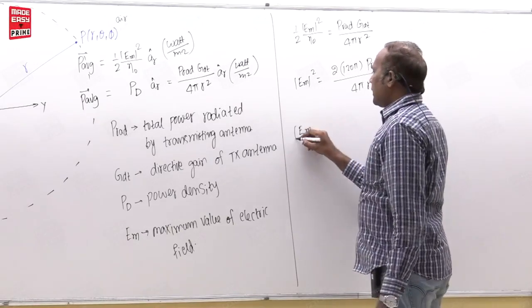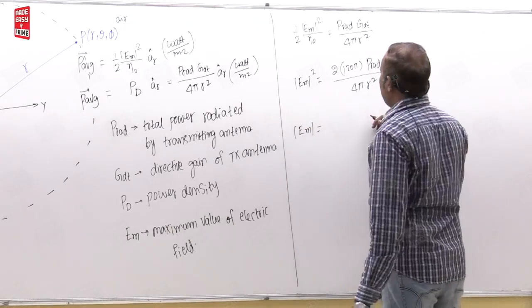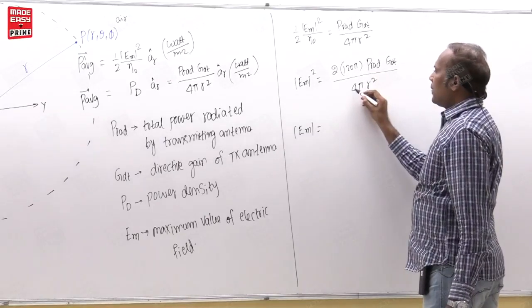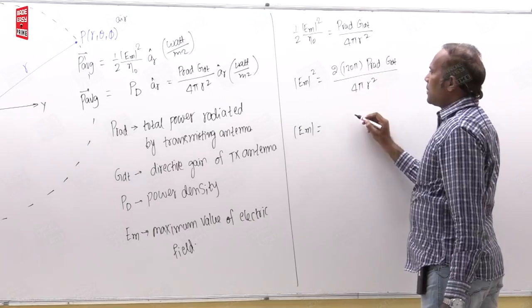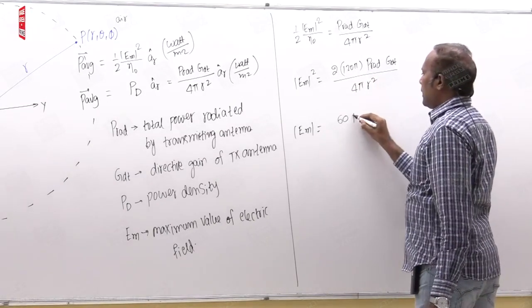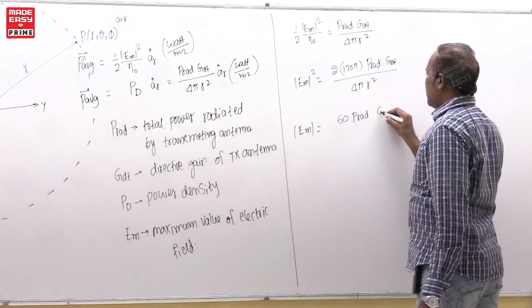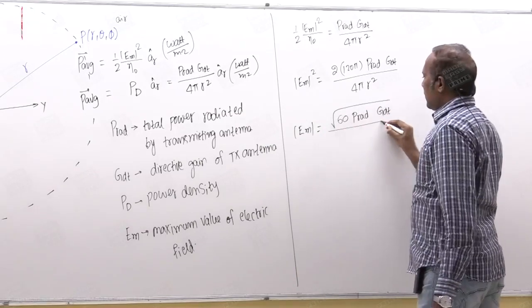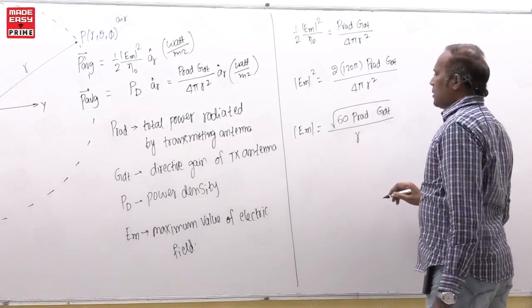Now if you take the root of this, first you cancel the terms, pi cancels, 4 into 30 is 120, so 30 into 2 is 60. Then root of power radiated into directive gain, divided by R. So remember this formula.